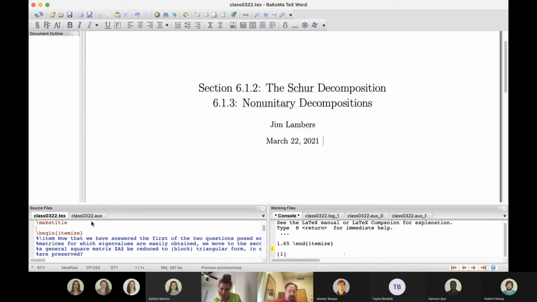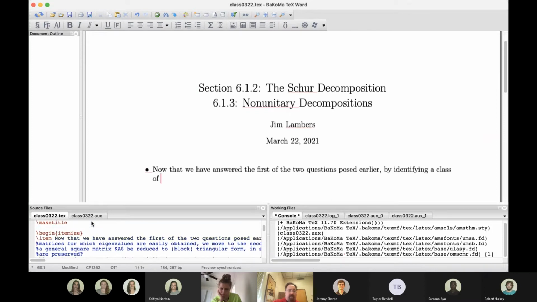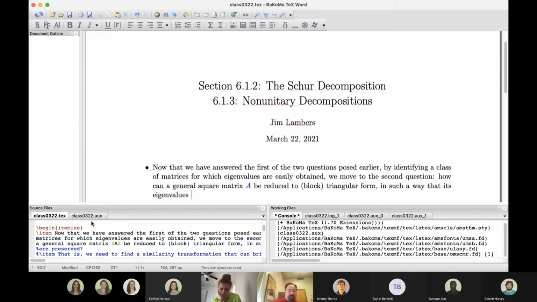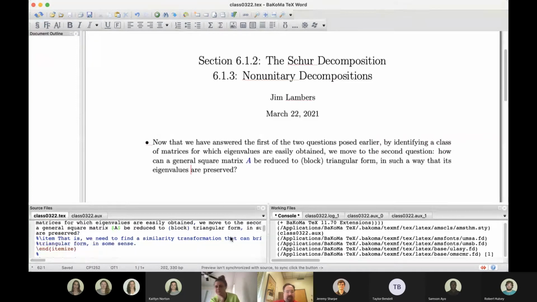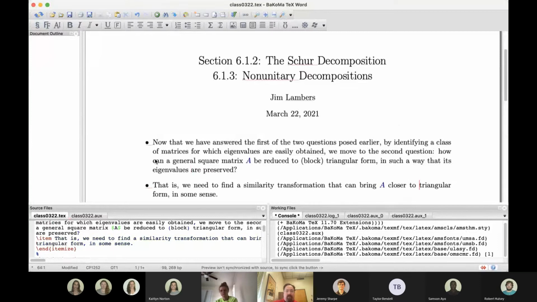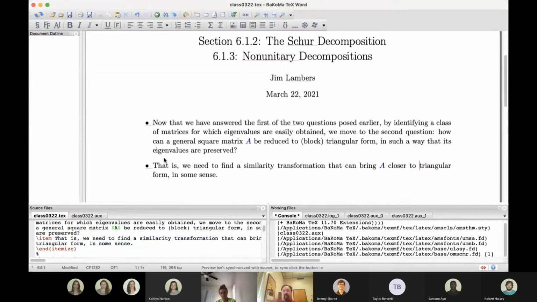Just like with AX equals B, that's Gaussian elimination. Its purpose is to reduce a general square invertible matrix to one that is upper triangular, because an upper triangular system is easy to solve.